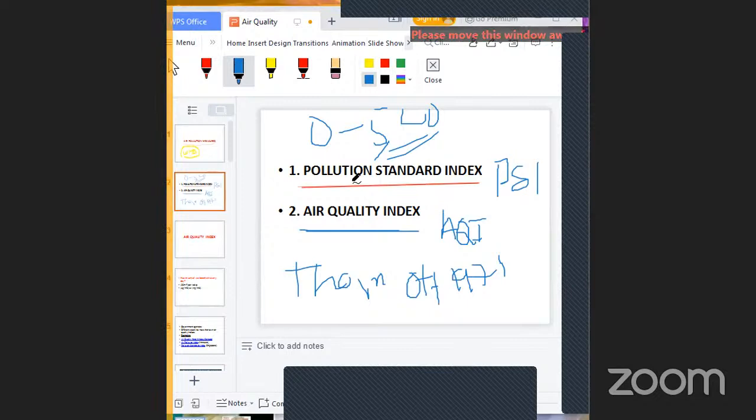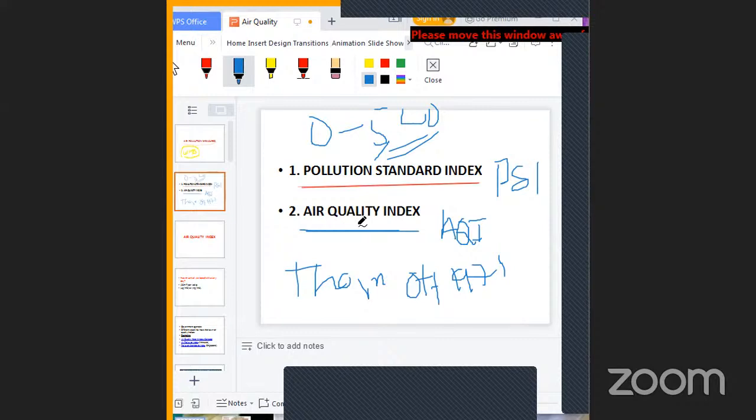So these 6 major indices are numbered and each range is color coded. Green for healthy air quality, yellow, orange, red, purple, and maroon for moderate, unhealthy for sensitive people, unhealthy and very unhealthy, and hazardous air quality, and so on, right?